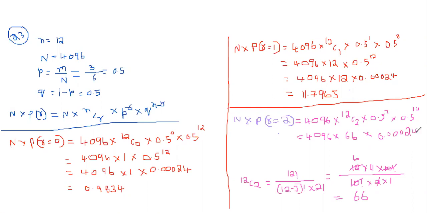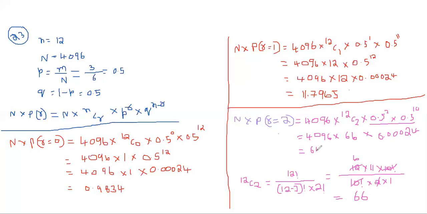So let us write directly 0.00024, is equal to 4096 into 66 into 0.00024. You get the answer 64.88.